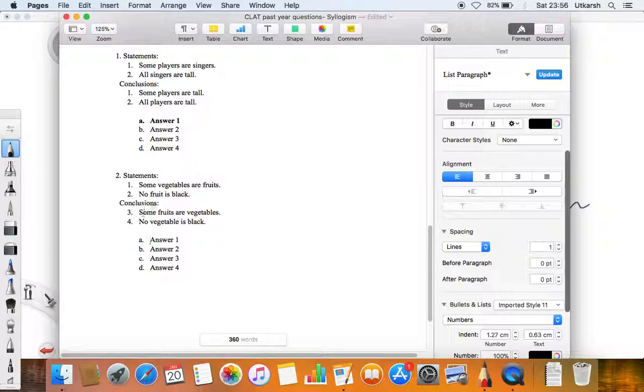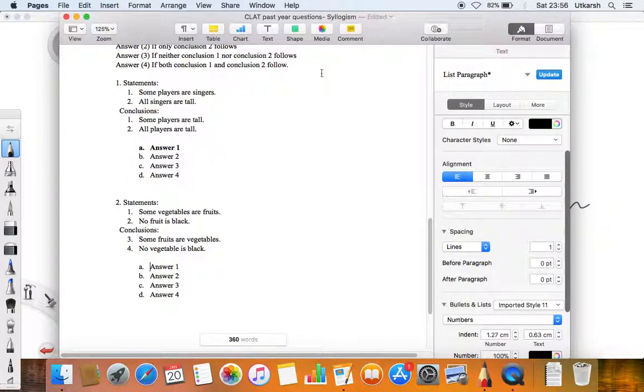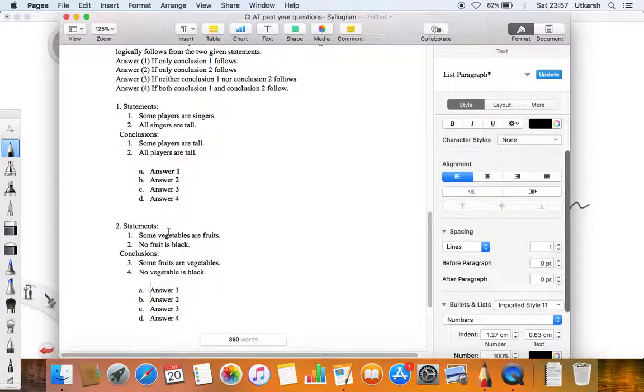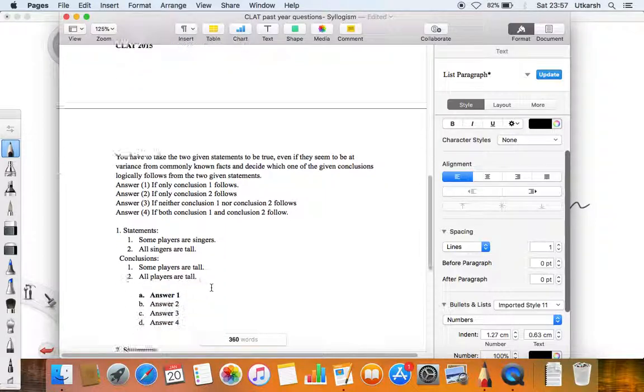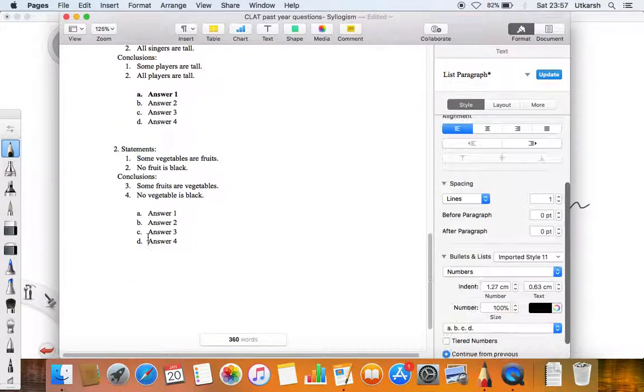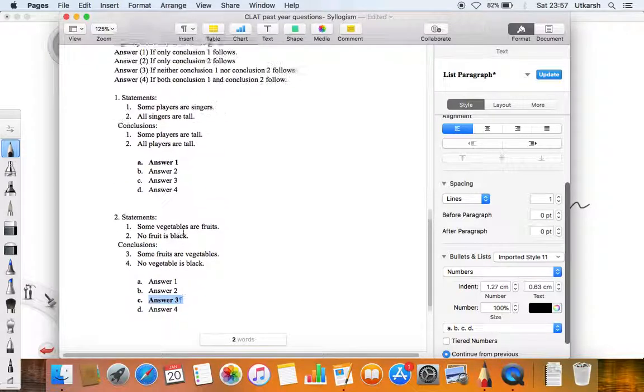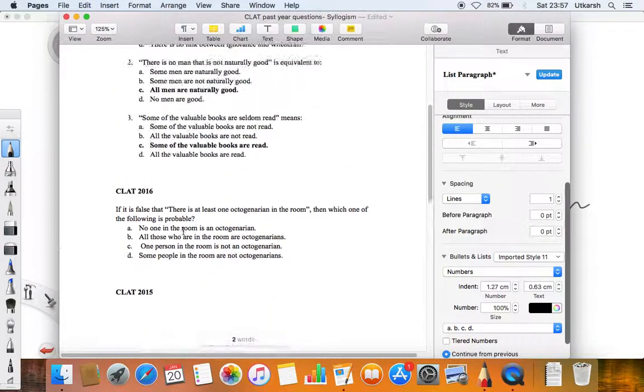So if you go strictly, then neither follows. Then you go with answer 3. And if you want to rely only on linguistics, then you can go with answer 1. I would probably go with answer 3, because in these questions they have differentiated between all and some. Again, these are examples of poorly framed questions.